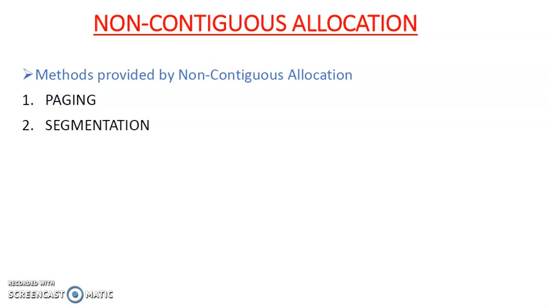It consists of the problem of fragmentation. To overcome that problem, non-contiguous allocation was developed. This allocation provides two methods: the first one is paging and the second concept is segmentation.